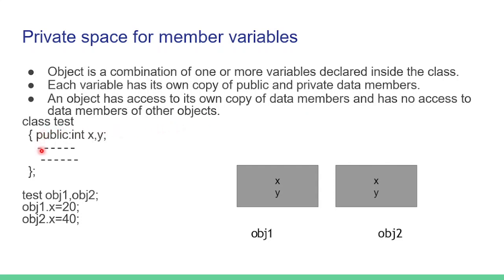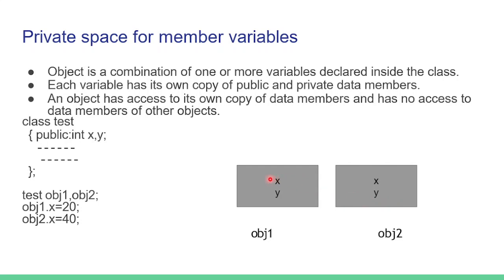Now here we have a class inside which we have public int x and y. After that, we are declaring two objects, obj1 and obj2. For obj1.x, we are giving a value of 20, and for obj2.x, we are giving a value of 40. So, as you can see from this pictorial representation, we have obj1 and obj2.